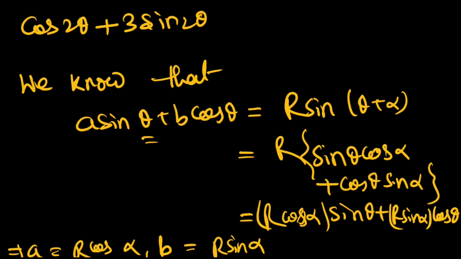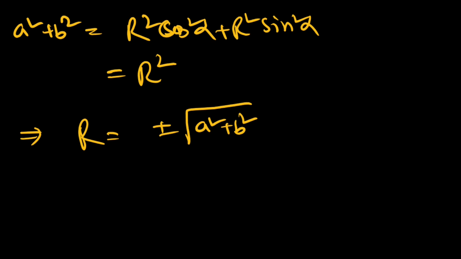So we get this r value. We want the maximum value of this function, r times sin of theta plus alpha. The maximum value of sin theta is 1, therefore the maximum value of this function is r, which means plus root under a square plus b square.